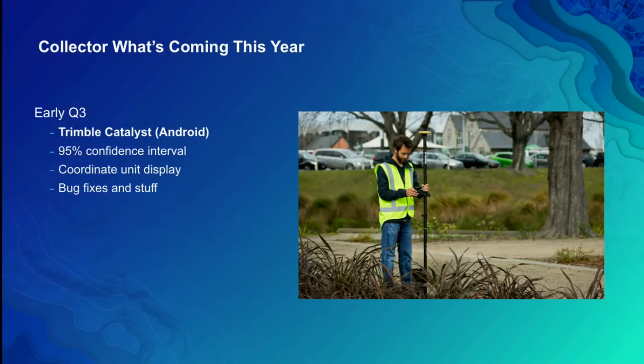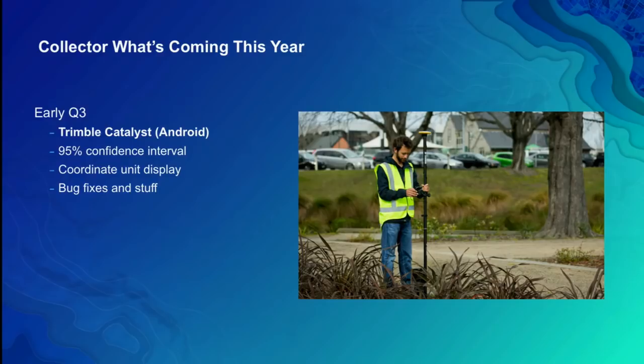Catalyst was just released, I believe, late last week. And we'll have an update to Collector early in Q3 that supports it. We're adding a couple of other things, some bug fixes and stuff like that. One of the things that, again, the Forest Service asked us for is to be able to report the confidence in the accuracy of a GPS position using an algorithm that is roughly equivalent to 95% confidence.